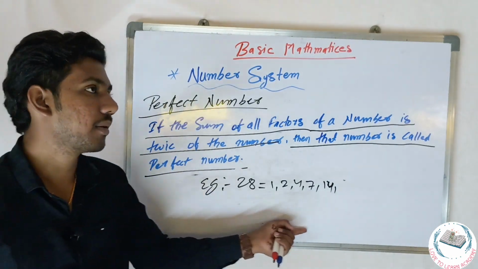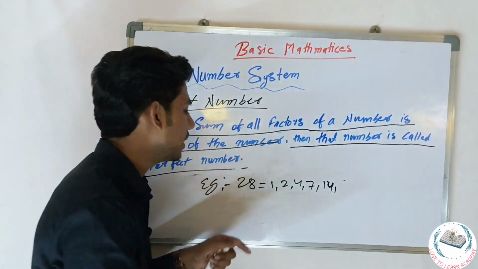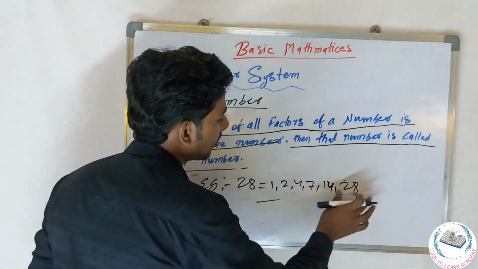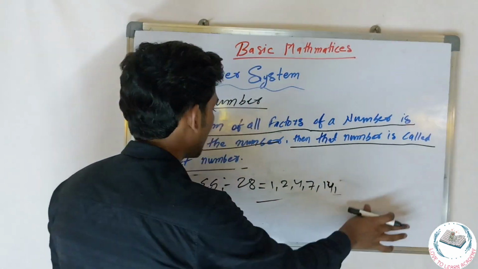It will be in the 28 table, right? So the factors of 28 are these, and we leave out 28 itself, because it is the number we have, that we will not count.